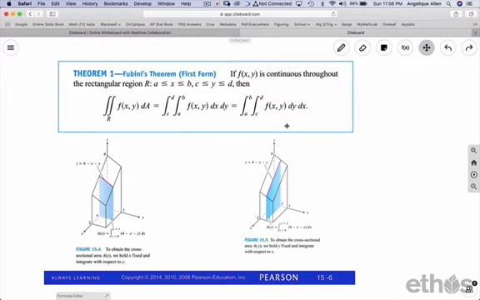I like the illustrations below because they help you understand the literal difference in what you're doing here. The theorem says that the order of integration does not matter. And this is over a rectangular region, by the way, very specifically a rectangular region. We'll talk about how this idea is affected when we switch to different shaped regions.